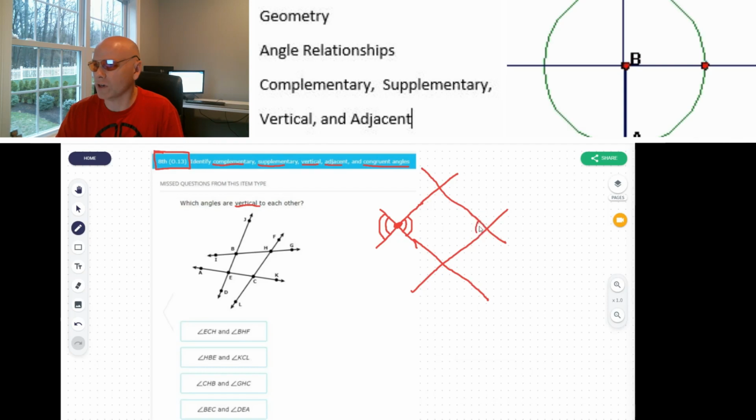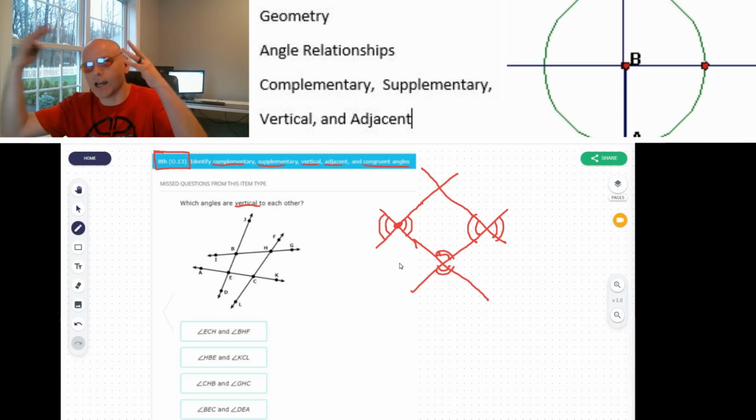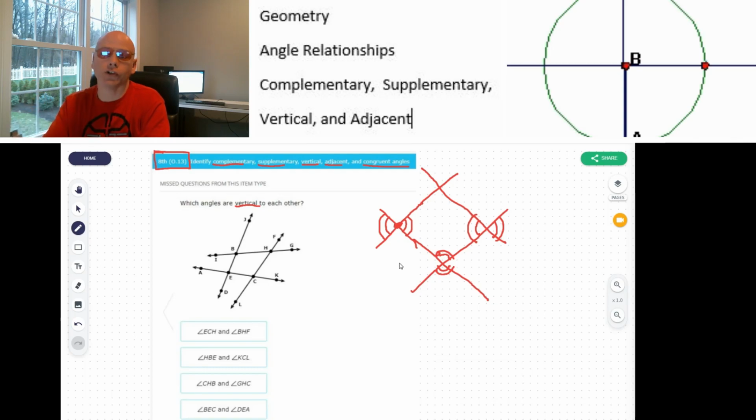There's all vertical angles sprinkled in. You just got to find them. Once you kind of see that concept, let's break down the choices. It's multiple choice. If you read through the choices and really think about it, you can do this math. Let's look at these different choices, okay?